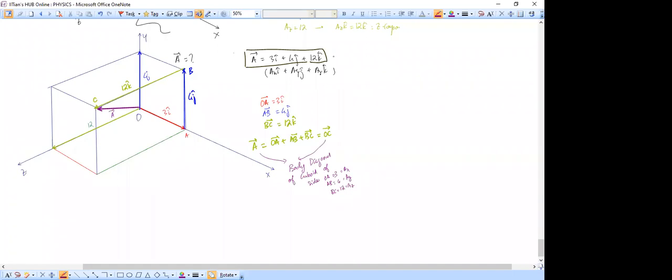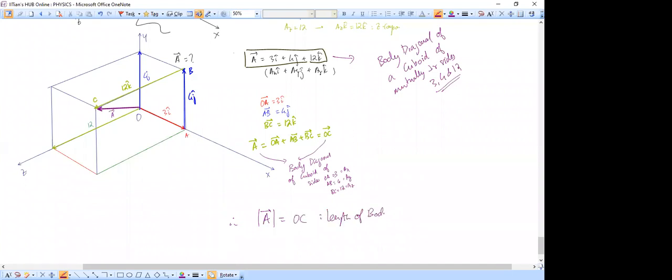A three-dimensional vector like this is like the body diagonal of a cuboid of mutually perpendicular sides 3, 4 and 12. So from this we'll see another thing. The magnitude of it is the length of the body diagonal. Okay.